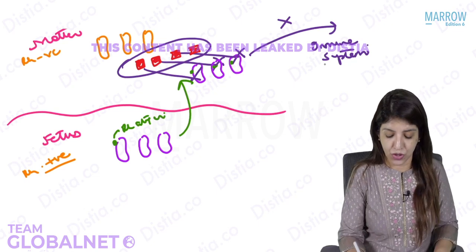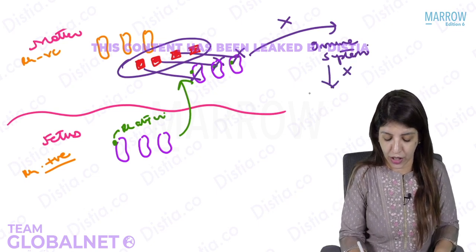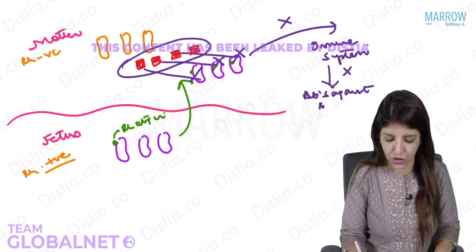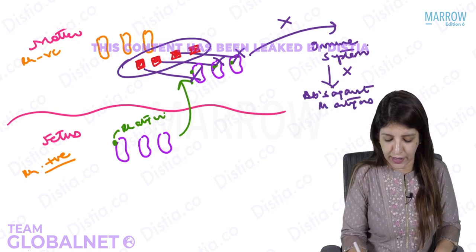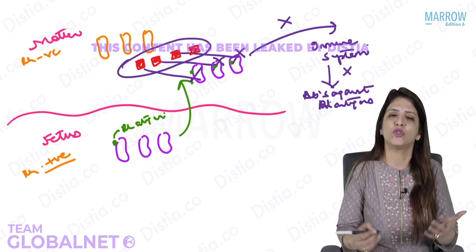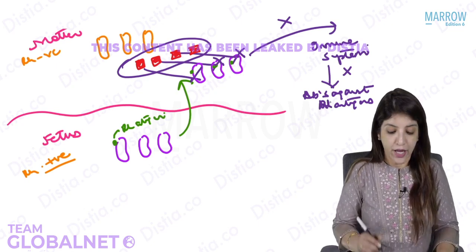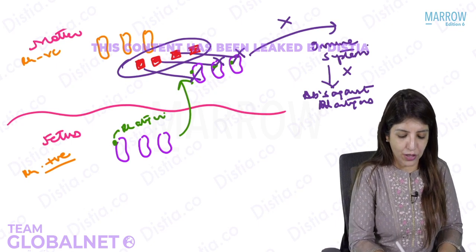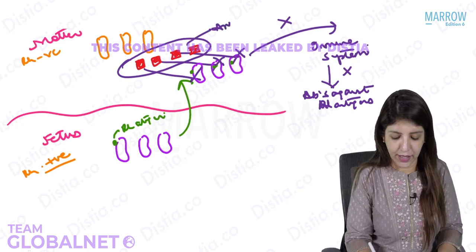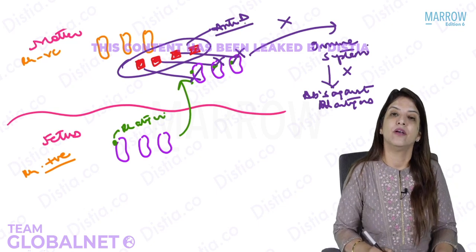And if the mother's immune system is not stimulated, it will not produce antibodies against Rh antigens. And if antibodies against Rh antigens are not produced, my problem is solved. Right? So this policeman, do you know the name of this policeman? This policeman is anti-D.